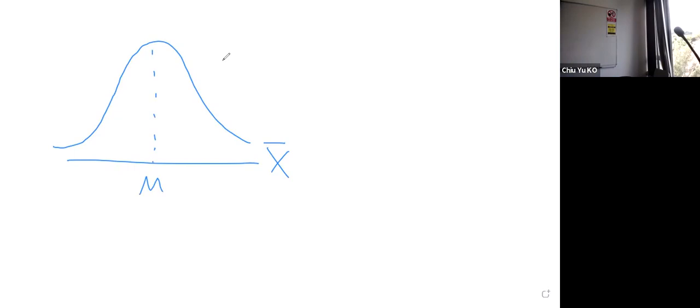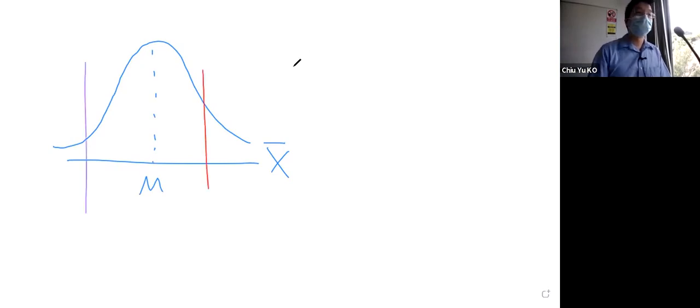Remember this is a random number, so it depends on what the data gives you. Sometimes it's here, sometimes it's there.